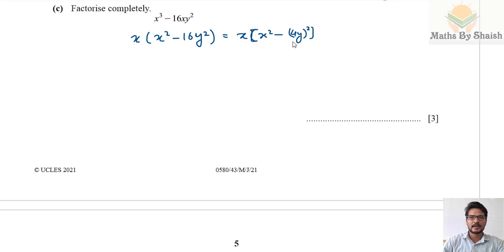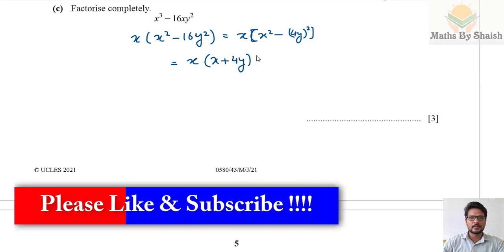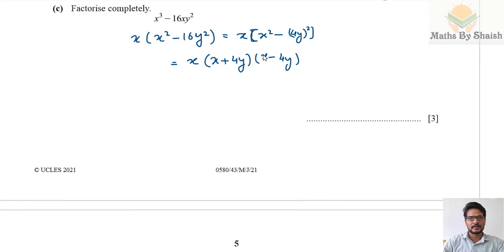Now it is like the identity a square minus b square, so we will use that identity. It becomes x into x minus, plus, we write in the brackets one with plus and one with minus, the same number.